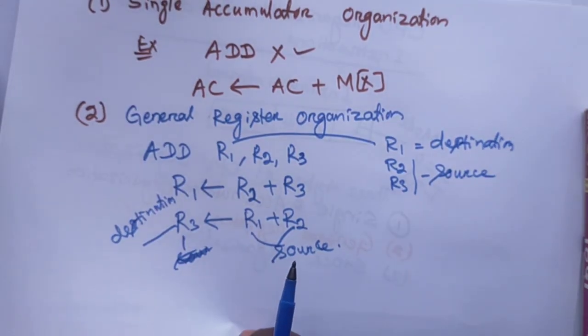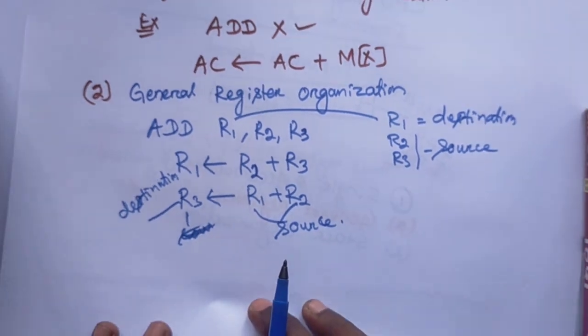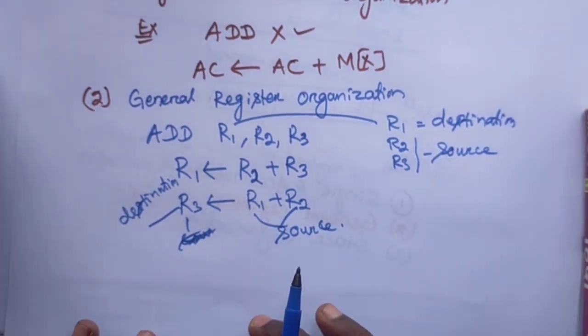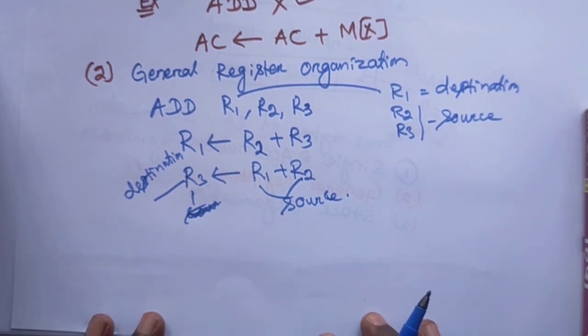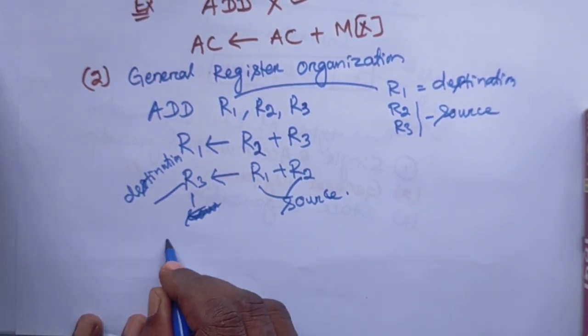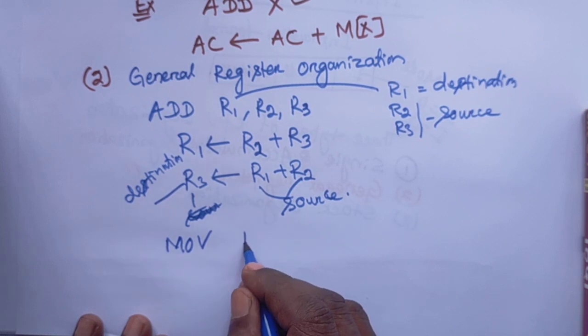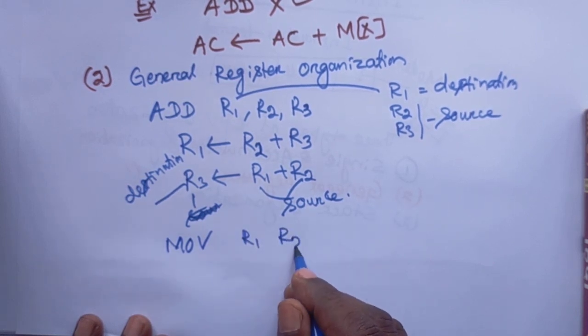Okay, and in other cases we just move some data from one register to another register. In a very simple way, like MOVE R1, R2 for example.